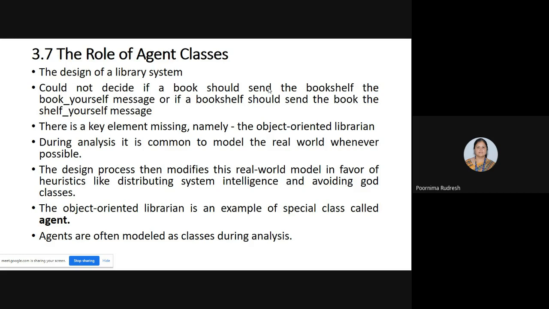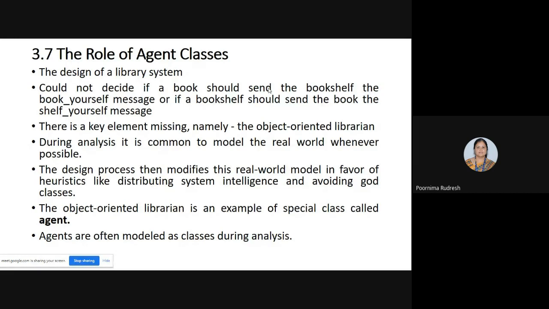So when we discuss the library system, the agent, that is the object-oriented librarian, is missed, right? Librarian is the special class, and that we call an agent. During the analysis phase, the agents are going to be treated as classes.